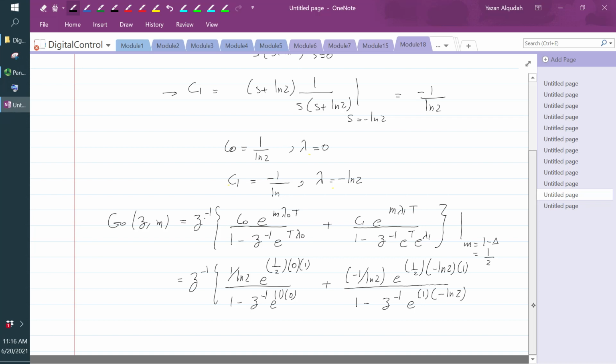And therefore we can write this as equal to 1 over natural log of 2 divided by z - 1, minus 1 divided by natural log of 2 times the square root of 1/2, divided by z - 1/2.